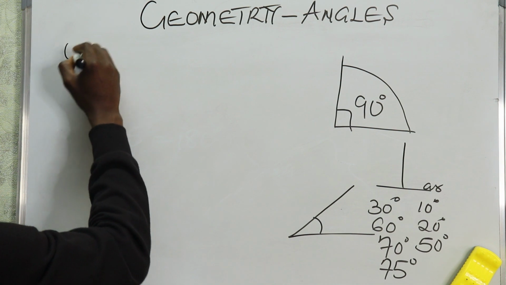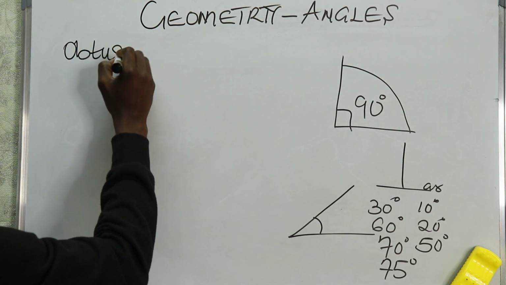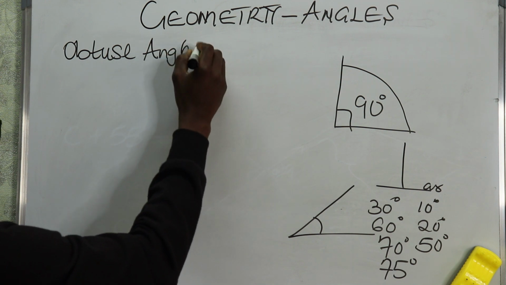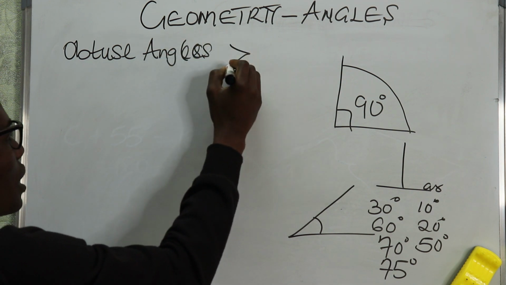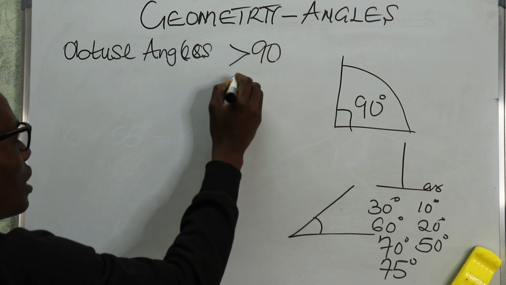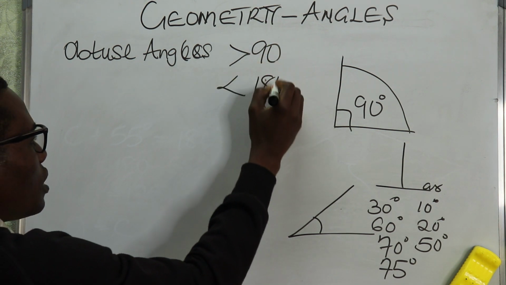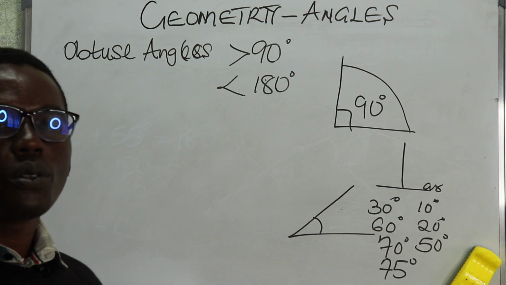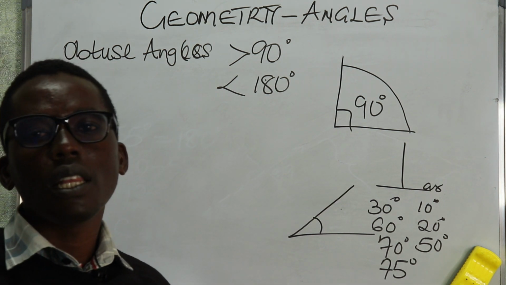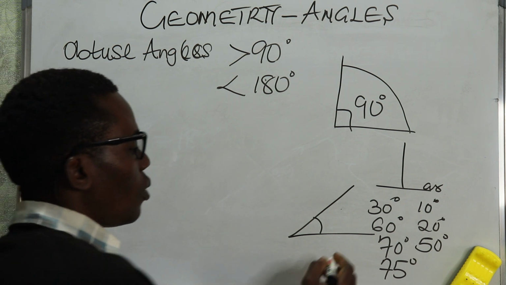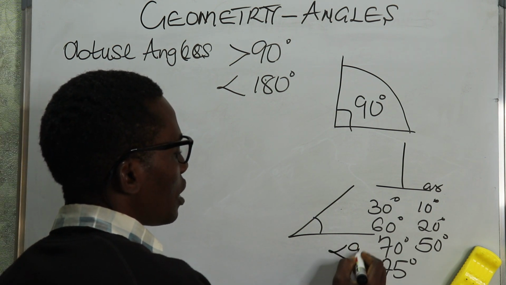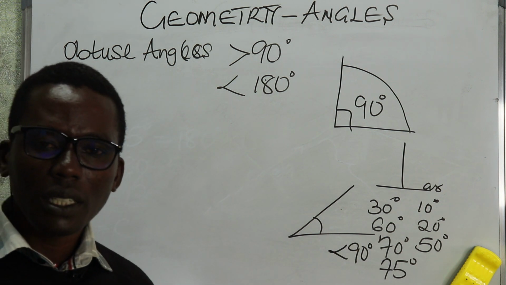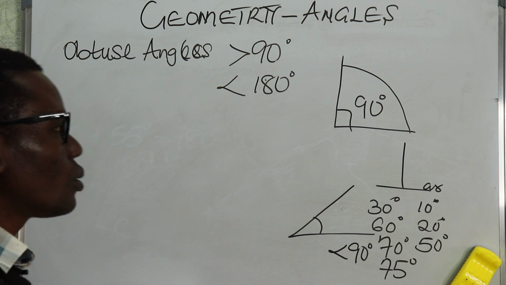The obtuse angles are angles that are greater than 90 degrees, but less than what? 180 degrees. Remember, acute angles are angles that are less than 90 degrees. But obtuse angles are angles that are greater than 90 degrees, but less than what?